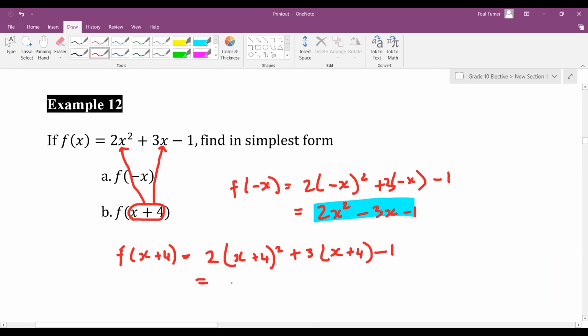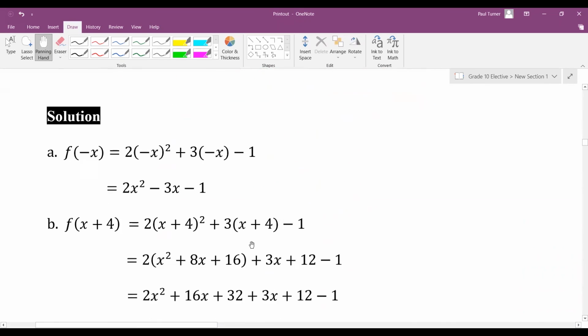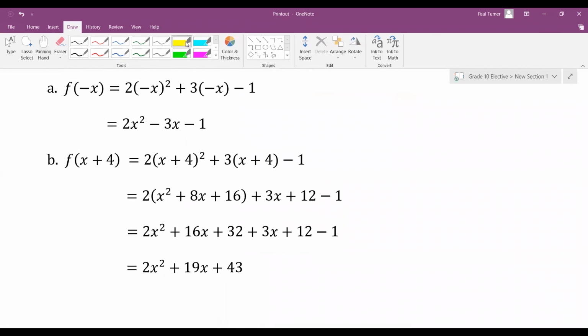And what you should do there is expand and simplify, because that's not really finished yet. And you'll get some quadratic like this here. And that is shown here. I did it already. So that would be your answer after you've simplified and expanded all of that. And that's the previous answer there.